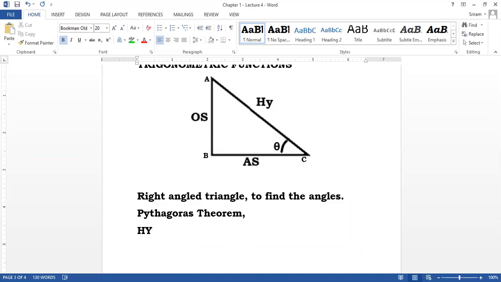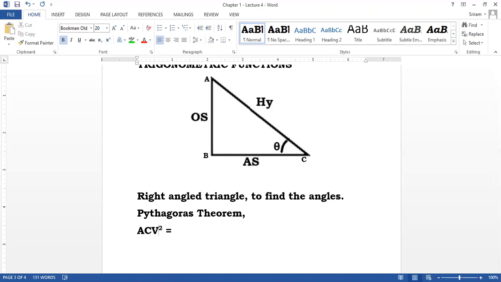The largest side of the right angle triangle is called the hypotenuse. The hypotenuse squared is nothing but, for example, if I take this triangle as ABC, we call it AC squared, which is the biggest side.